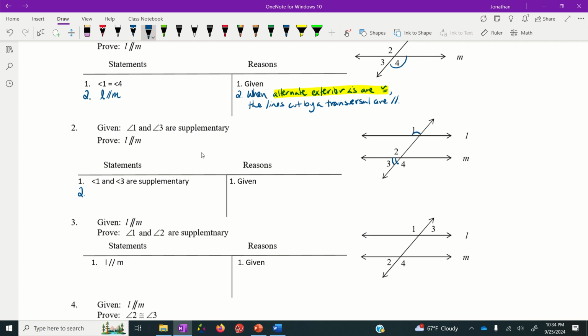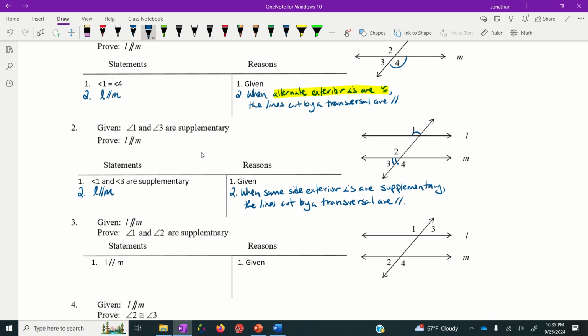So once we know this is true, we have our same side exterior angles, we know they're supplementary, that's enough now to say for step 2 that L is parallel to M. So for reason 2, remember we just wrote down: when same side exterior angles are supplementary, then we can say the lines cut by a transversal are parallel.